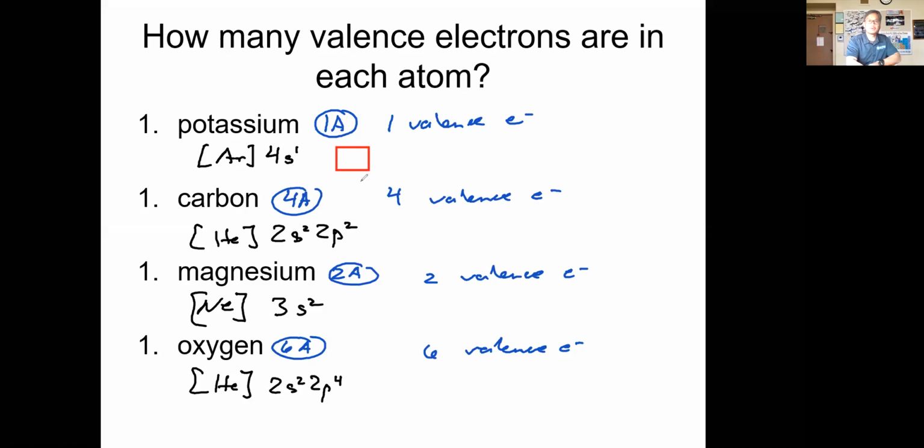Remember, s orbitals only have one shape, so that's only one space in which the electrons can go. And here, this 1 valence electron is going to go into that 4s orbital. And so therefore, potassium has 1 unpaired electron. Pretty straightforward. So that 1 valence electron is completely unpaired. There's nothing paired up in here with that.